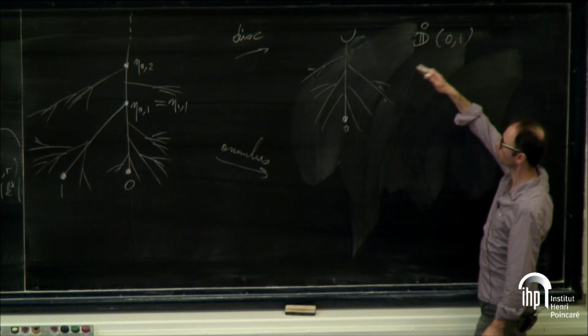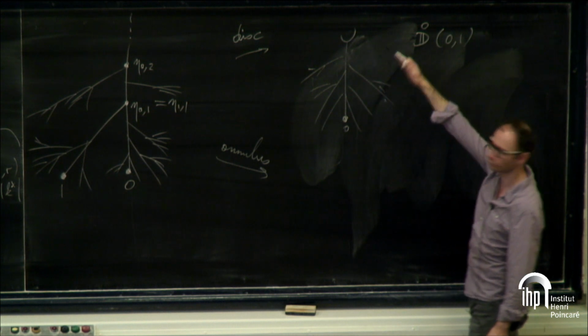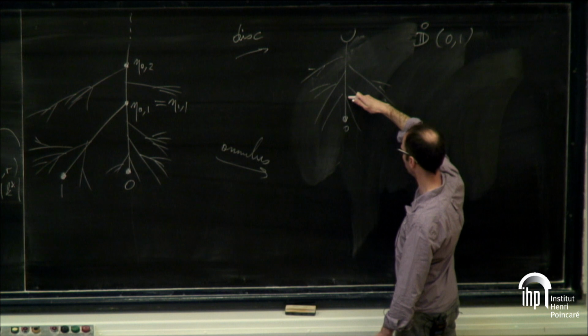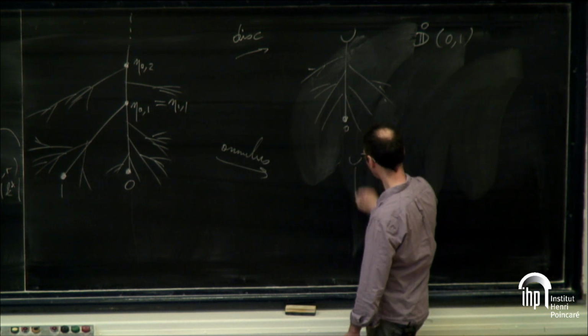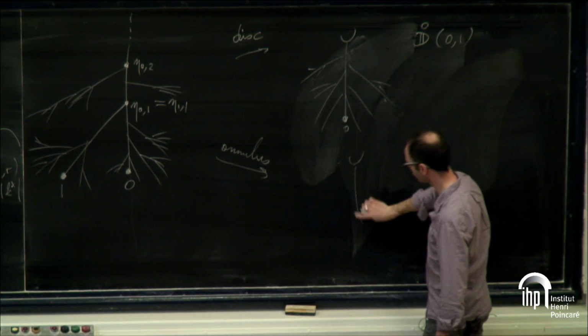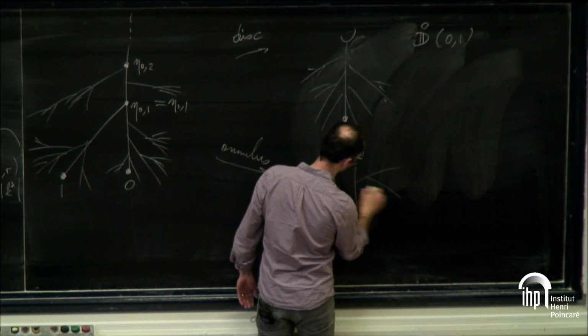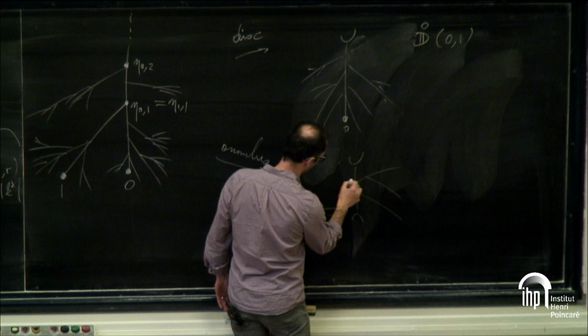And another interesting space to consider is an annulus. How do you build an annulus? You start with a disk and you remove a disk. So I would remove some part, say, below this one. So it looks like this. You have some kind of distinguished segment inside this, and then all the remaining branches that I didn't touch.